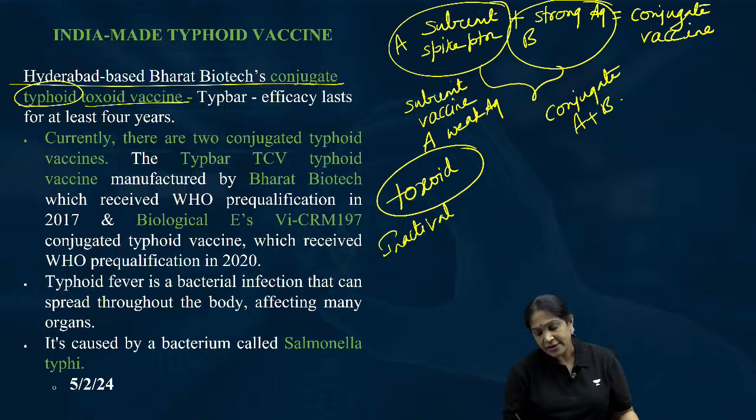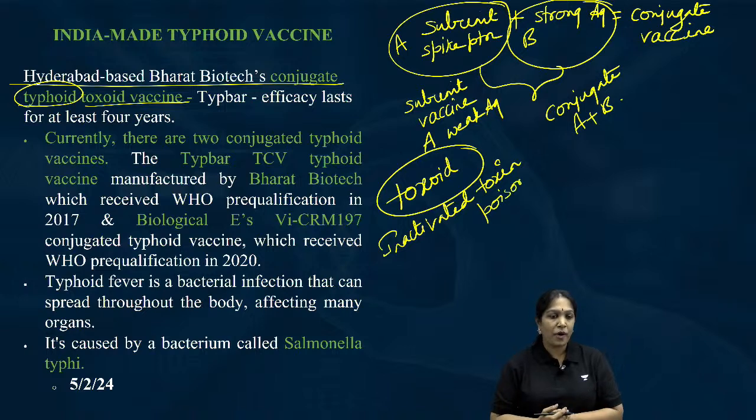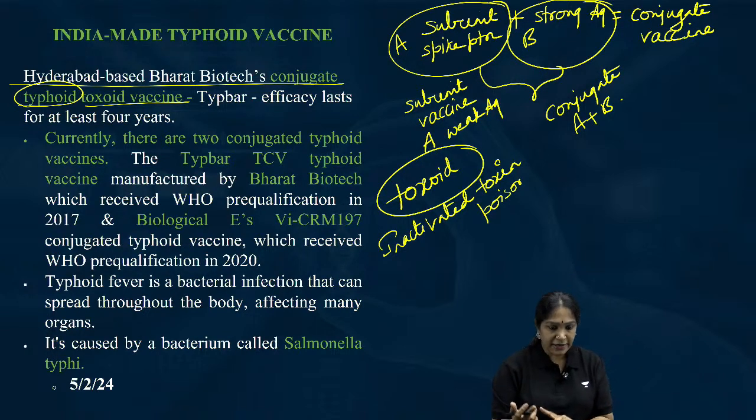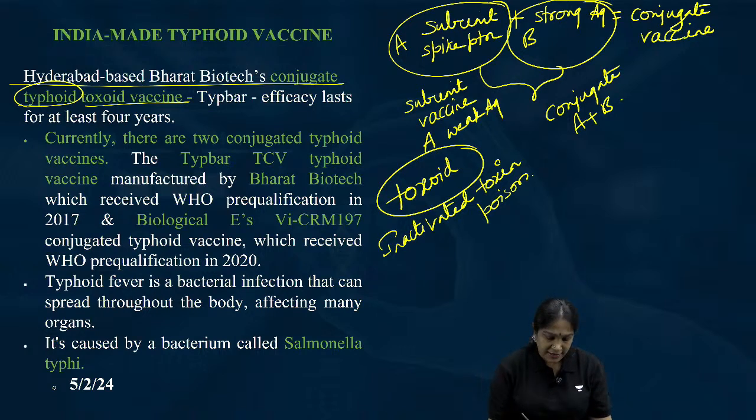Toxin means what? Toxin means poison. A toxin or a poison which is inactivated is called toxoid. Is it clear? Here, this toxoid is called the weak antigen.